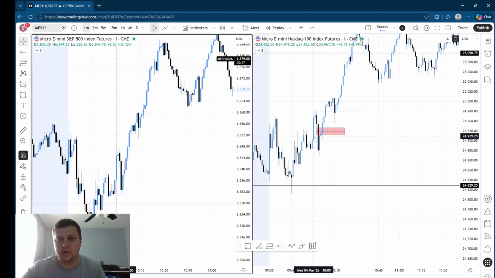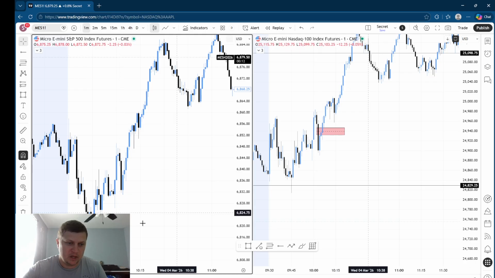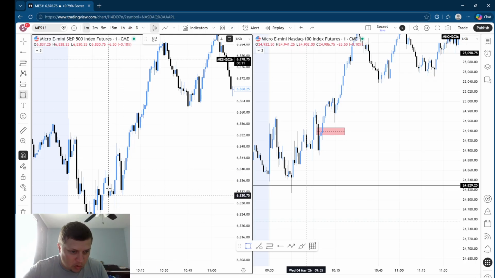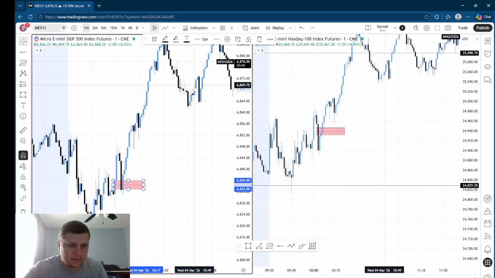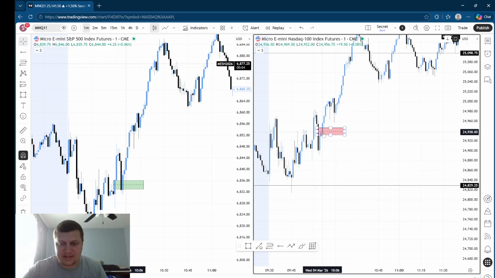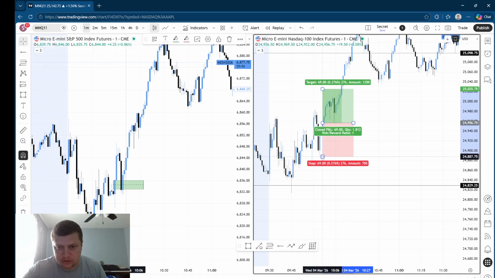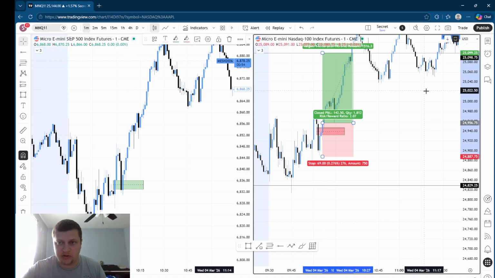Now I'm looking for continuation confluence. We get this: ES is holding a bullish gap. At the same time, the NASDAQ flips a bearish one. And that is my entry on the close. Stop at the low, target the equal highs.